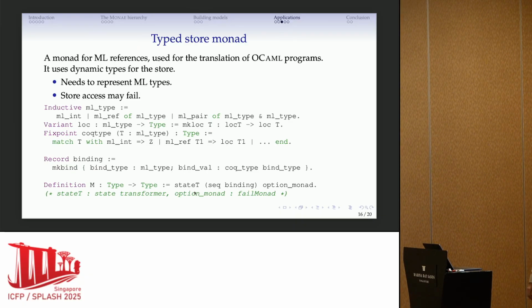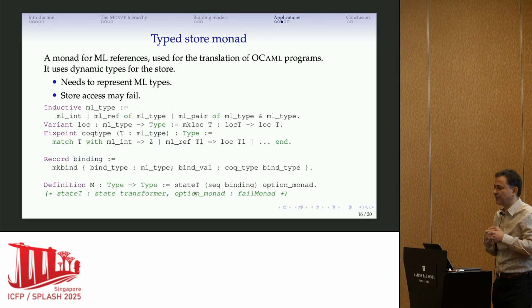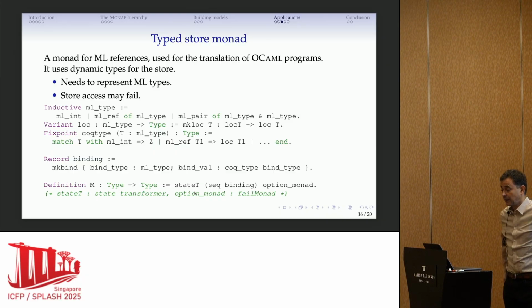Another application is, as I said, the type star monad, a monad that was designed to represent OCaml stateful computation. That is a model for ML references. It's used for the translation of OCaml programs.